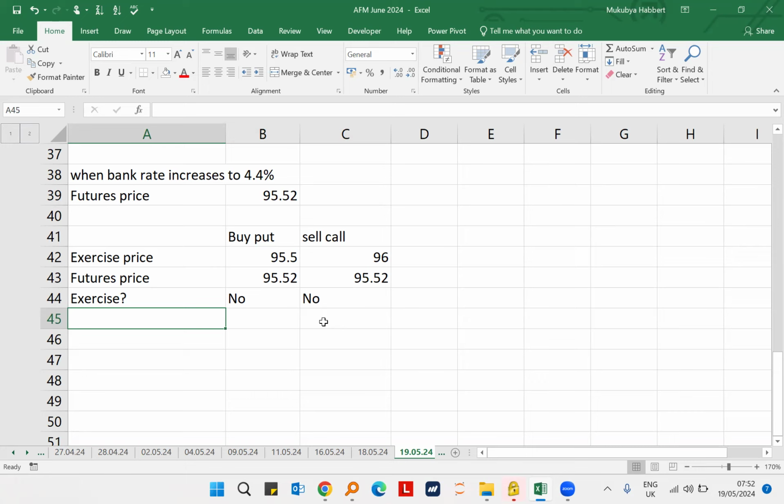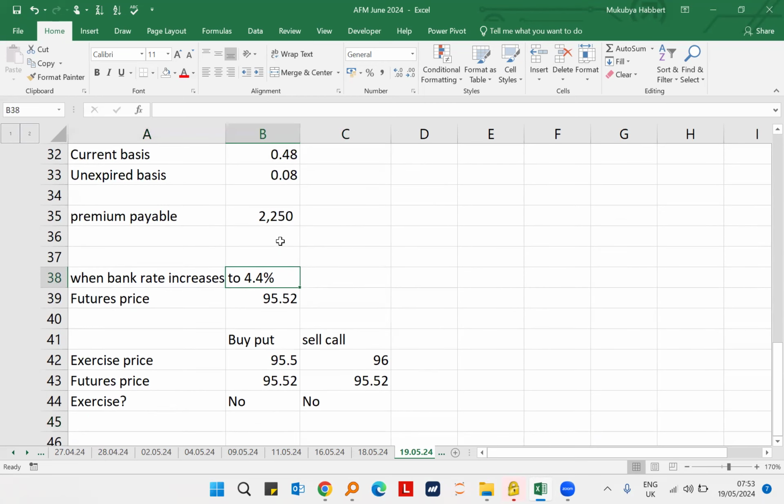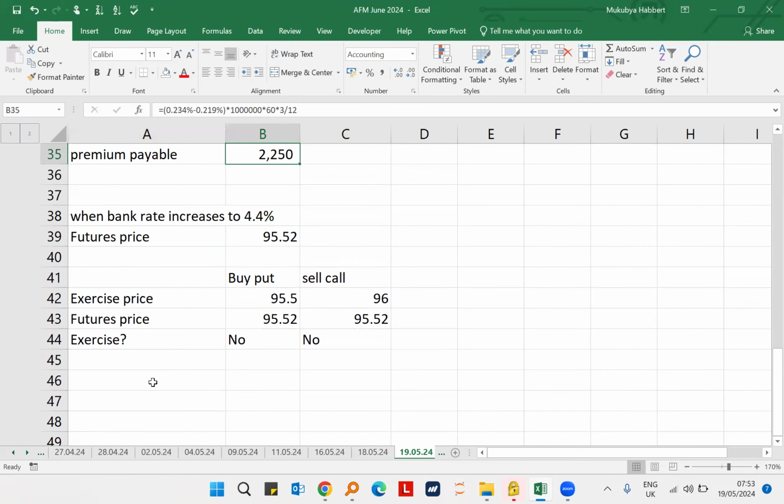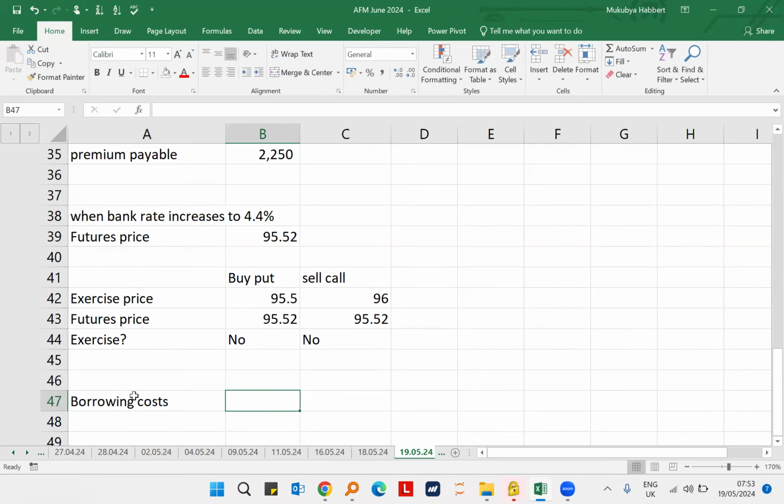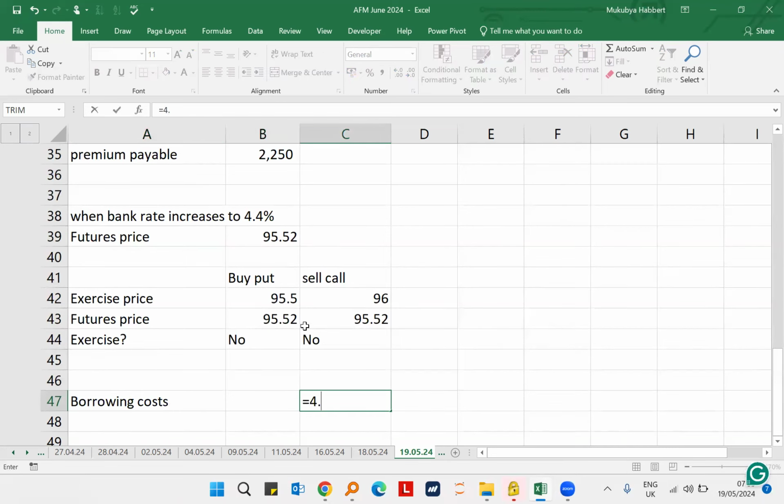Because you have not exercised, it means that you are going to still use 4.4%, and then you have paid some premium, which we already calculated. And then we shall see what is going to be the interest rate. So the borrowing cost will be 4.4% times the 36 million.